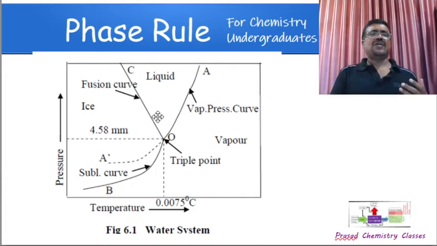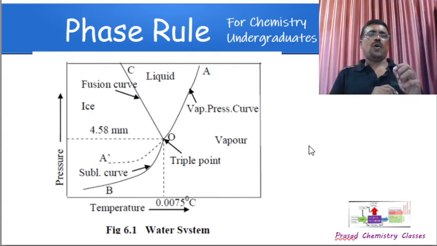Then we have a small dotted line curve here. What is that? The dotted line curve, OA prime, is what we call the metastable equilibrium, where your liquid water is in equilibrium with vapor, but you have supercooled water. That is metastable. If you carefully cool water below 0 degrees Celsius, it may not be converted into ice.